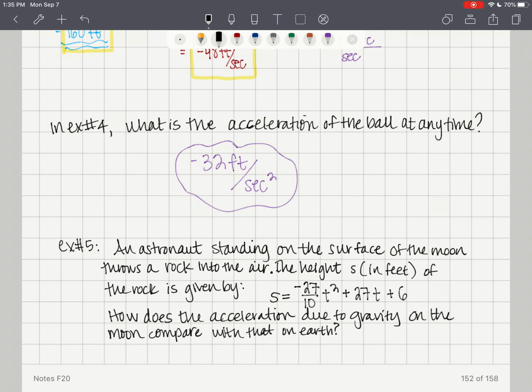So what I want you to think about here is, why am I not using negative 16t squared plus 48t plus my initial height?